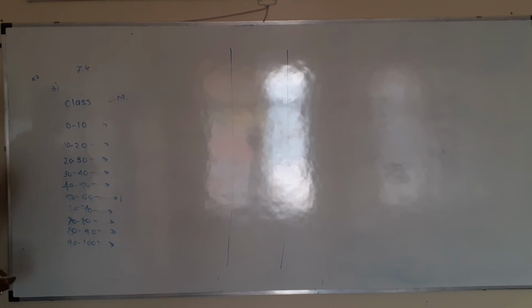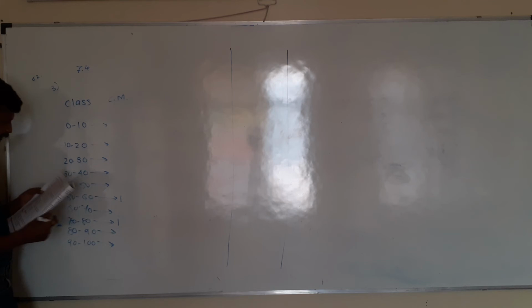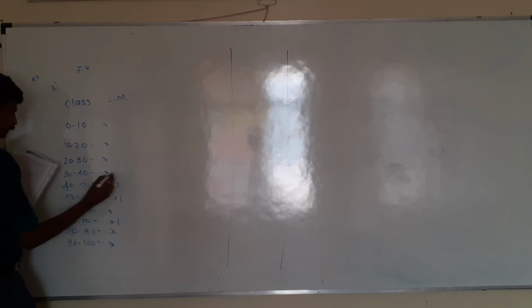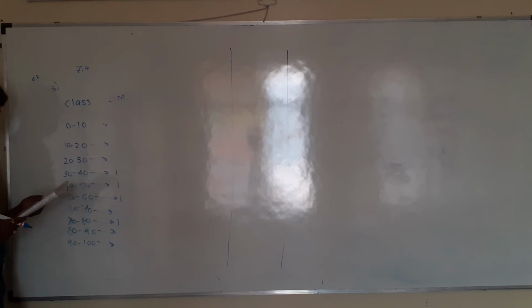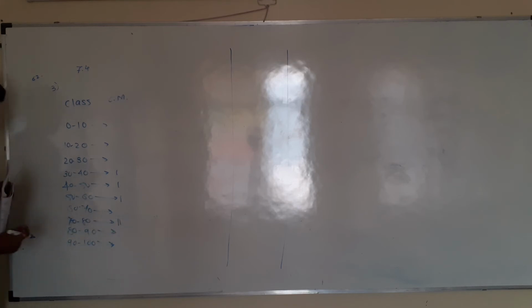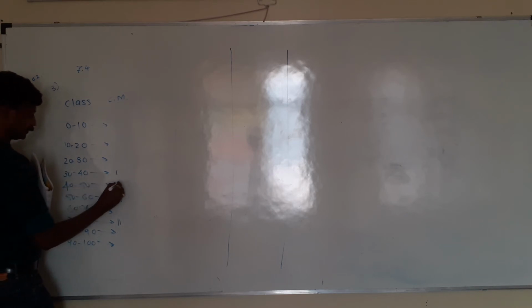Then 75. 75 will be in the 70 to 80 range. Next tally mark 42. 42 is above 40. Then 35. Then 77. 77 will come in the 70 to 80 group. 47. 47 will come in the 40 to 50 group.